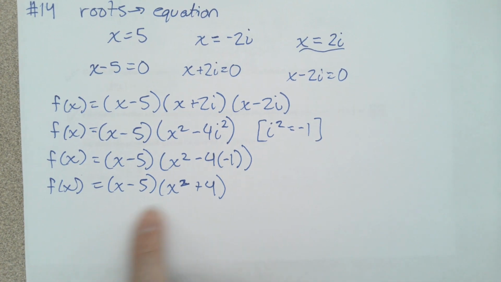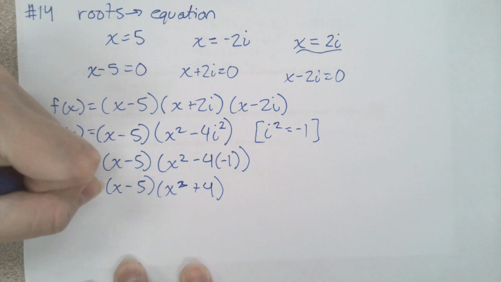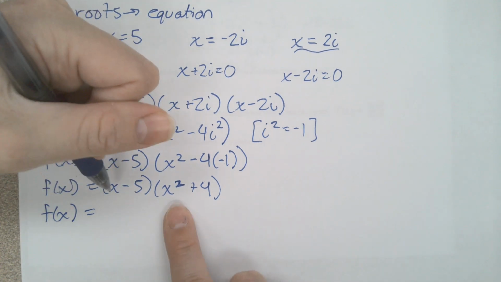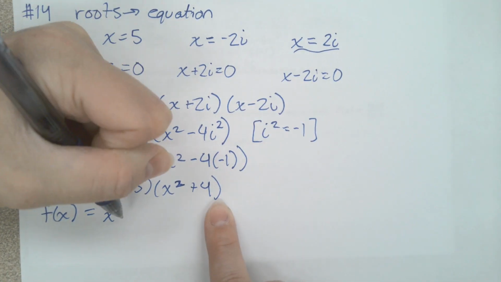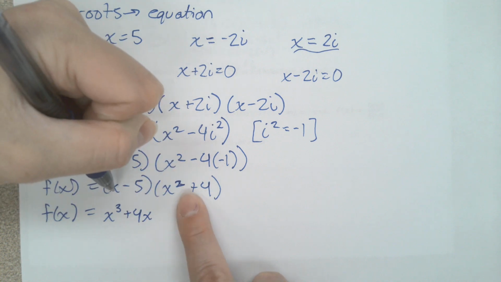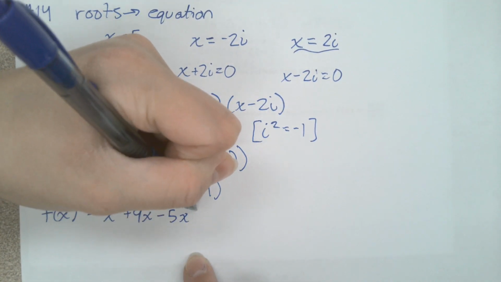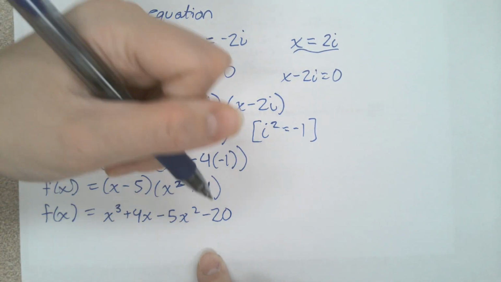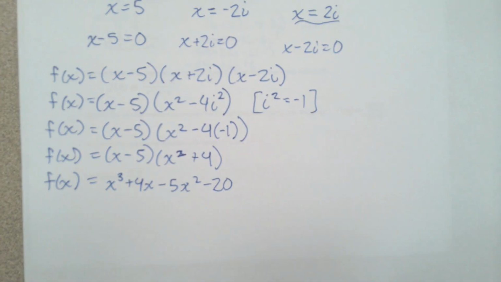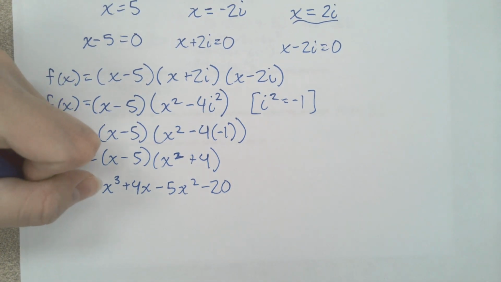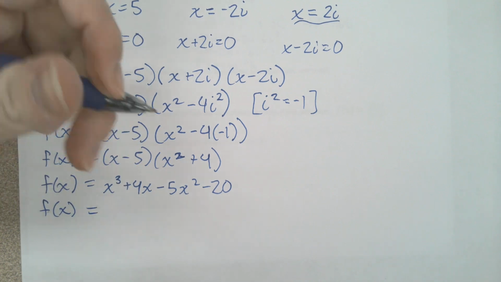Last but not least, I have to FOIL these two together. X times x squared is x cubed plus 4x minus 5x squared minus 20. Last but certainly not least, you have to have it in standard form. That is just how we write our equations.